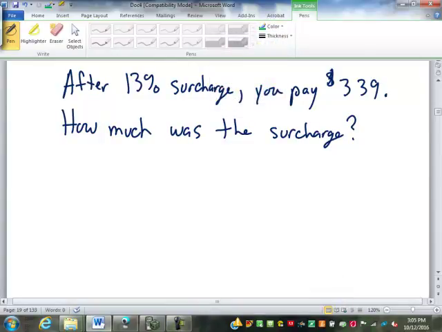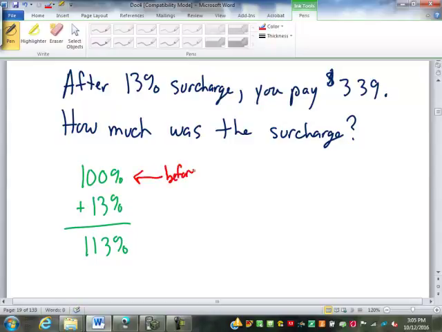See, you started out with 100%. You're adding a 13% charge to it, getting up to 113%. 100 is the before again. 13% is the surcharge. 113% is after.